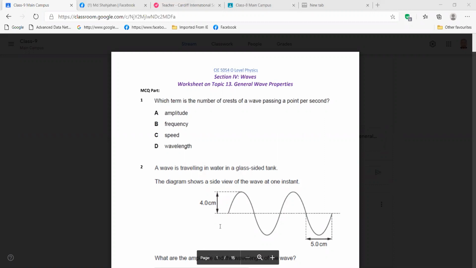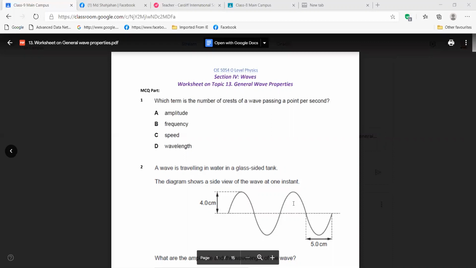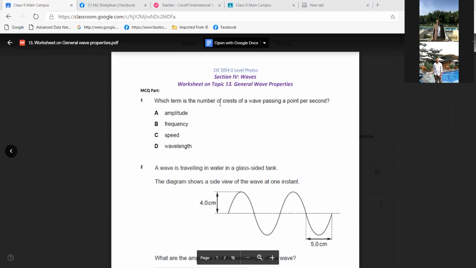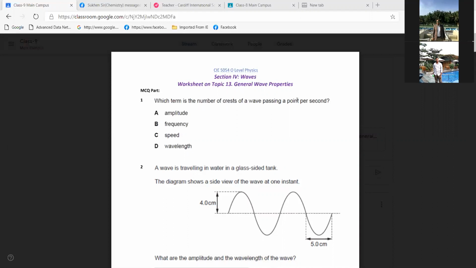But they are saying crest over per second, which is similar to number of complete waves per second or number of oscillations per second. That is also related to crest and trough, right? But if it is distance over per second, then it is speed. Now is it clear? Yes, sir. Now it is clear, sir.